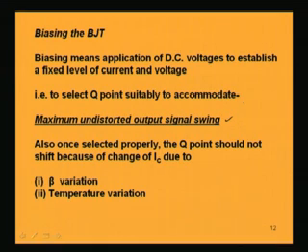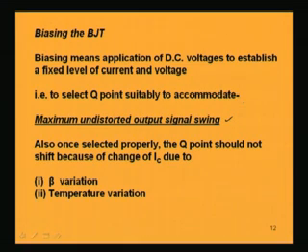We have to select the Q point properly such that we have maximum undistorted swing in the output signal. Maximum undistorted swing means in the output signal there should not be any clipping of any portion.